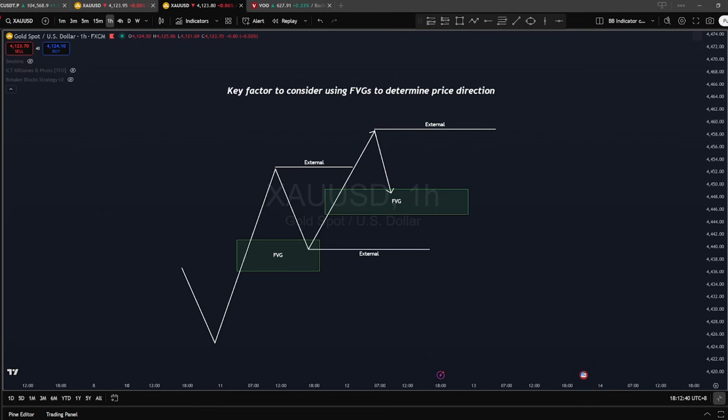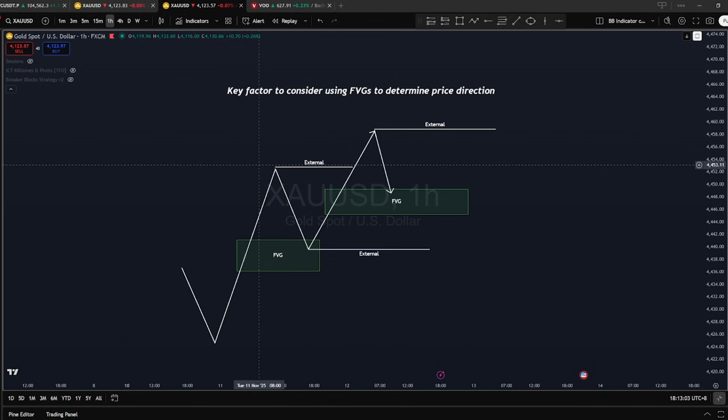Let's take, for example, right here. What do you see? Bullish price action. Higher highs, higher lows, higher highs. And like I mentioned, your swing points are what? External highs and external lows. I repeat, external highs and external lows. These are your swing points of liquidity.